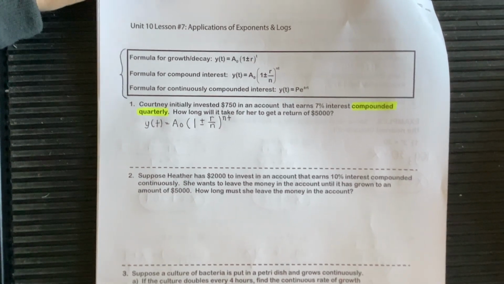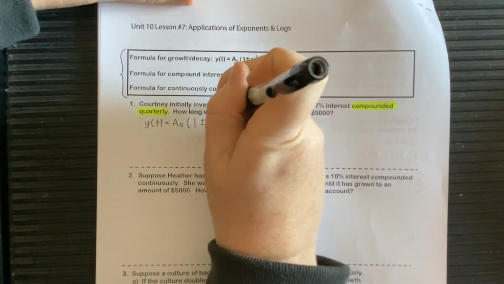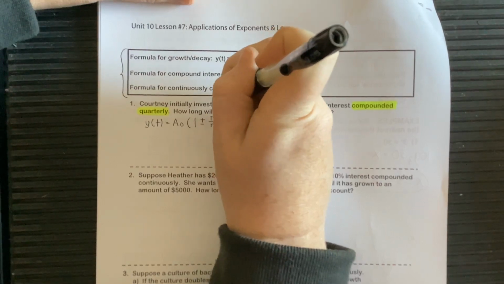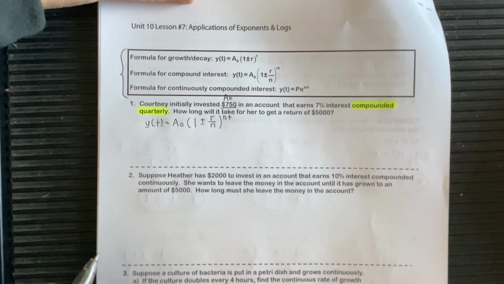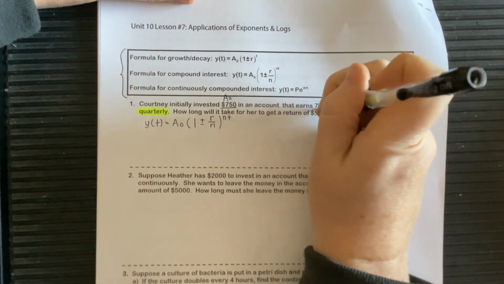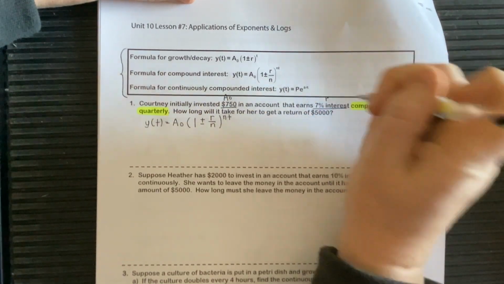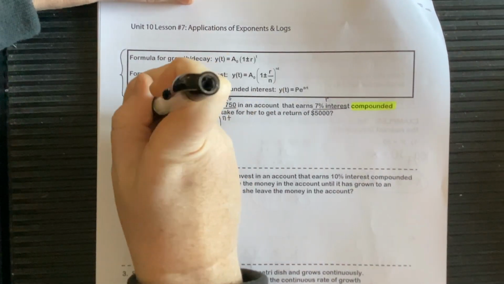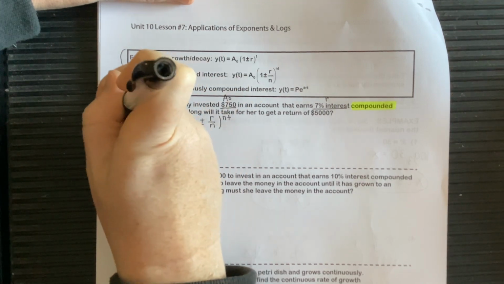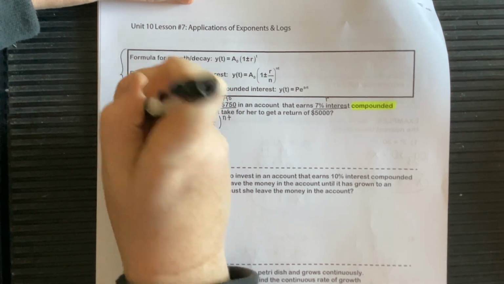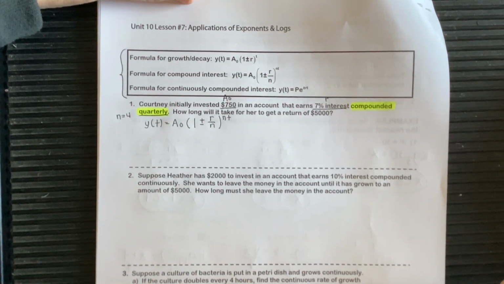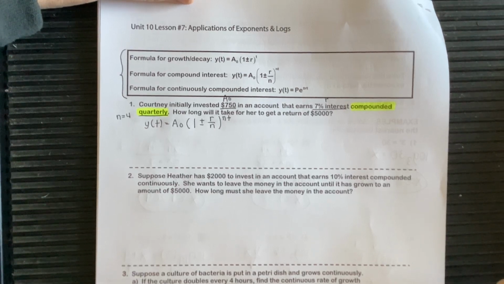If Courtney initially invested $750, this is her a sub 0. That is her starting amount. She earns 7% interest. That is your rate. It is compounded quarterly, which means that our n is equal to 4. How long will it take her?